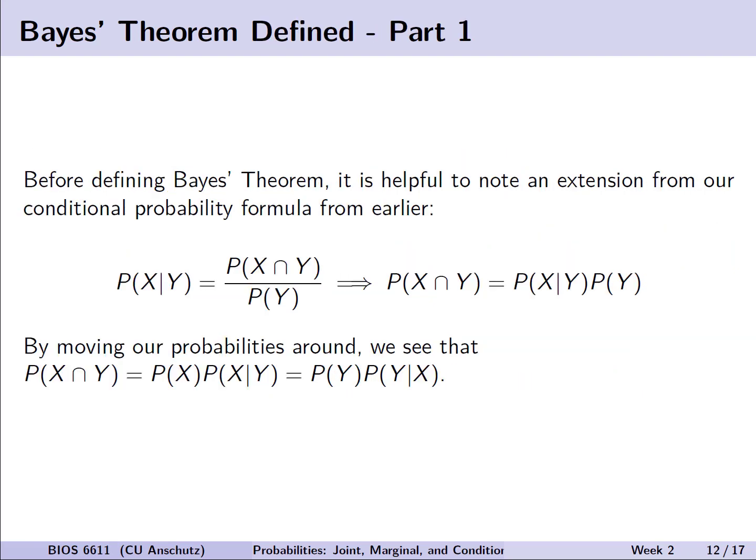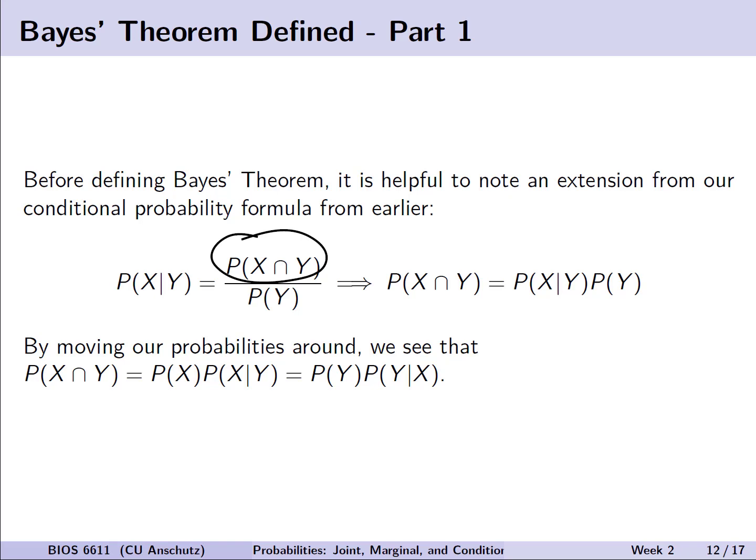Before we can formally define it, we should introduce a few extensions of things we've discussed previously and also review some important facts from our week 0 materials that you may have covered, albeit under different names, in past statistical courses. Based on the definition of conditional probability from earlier, we can rearrange our terms so that the joint probability of x and y is what we're solving for.